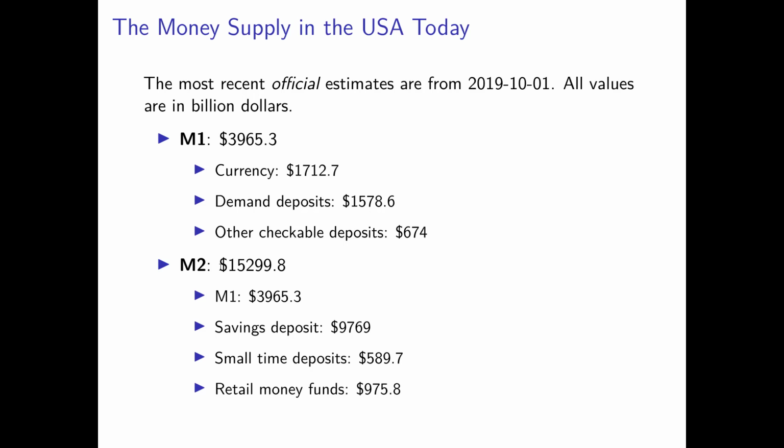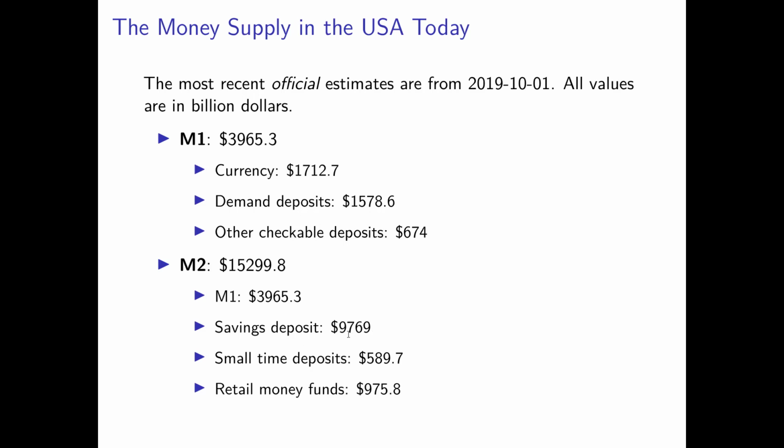All right, so you can see that the M2 measure of money supply is much larger than M1 because it includes M1 and other items like saving deposits, small time deposits, and retail money funds. As you can see, saving deposits are much larger than demand deposits. In other words, the money in all saving accounts is more than the money in all checking accounts, which makes sense, right?